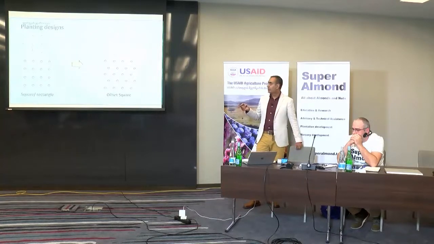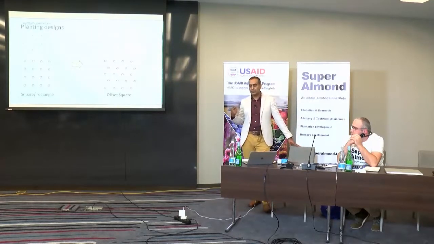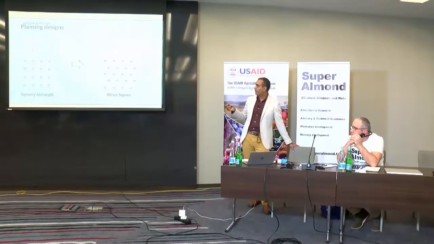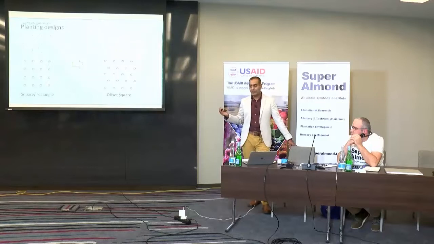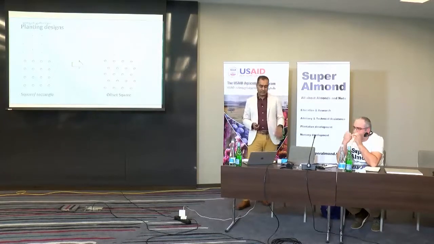Okay. So the bee movement really goes from tree to tree like this, and there is a lot of bee activity going from one tree to another and pollinating these trees. So this offset rectangle has really worked well in common California orchards.